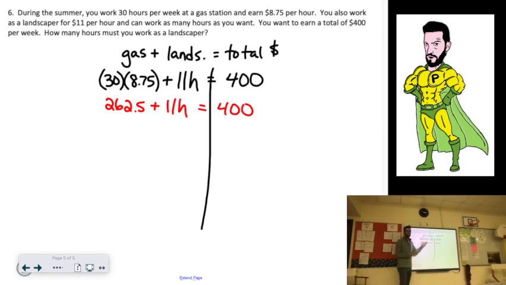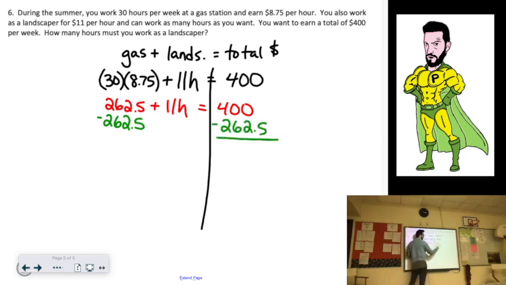Well, it's being added right now, so we could just subtract it. Minus 262.5. If we do it on one side, you do it on the other. So 400 minus 262.5 is $137.50, or 137.5.